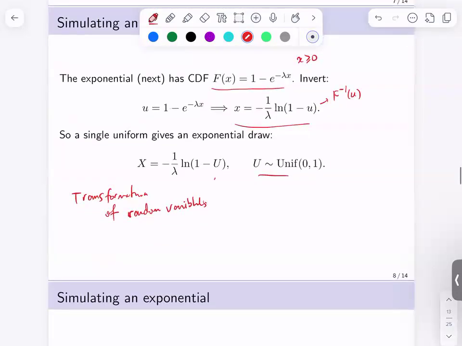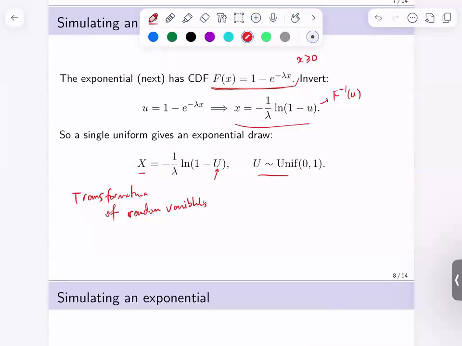If the original one is uniform, and the transformation is the inverse of a CDF, then the new random variable X will have the CDF exactly prescribed by what you put as the inverse there.